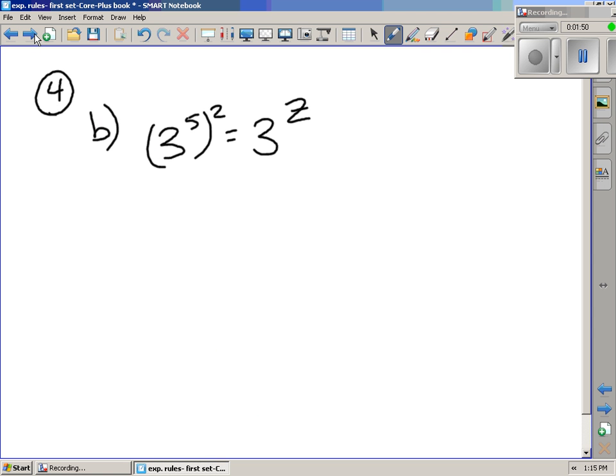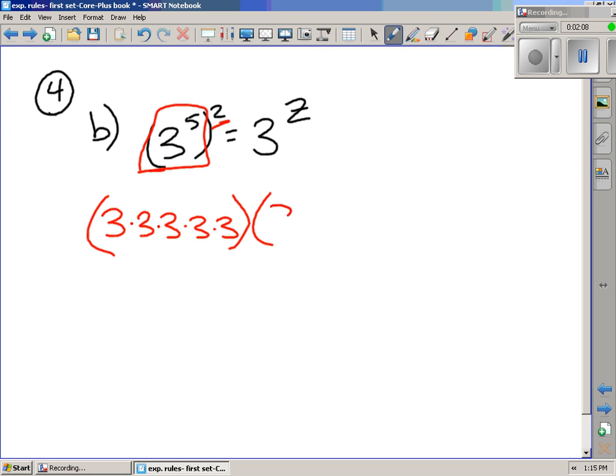Let's look at B. So we have something similar to what we just had in A. We have 3 to the fifth power, so we can write that as 3 times 3 times 3 times 3 times 3. And then this base of 3 to the fifth is supposed to be written out 2 times.